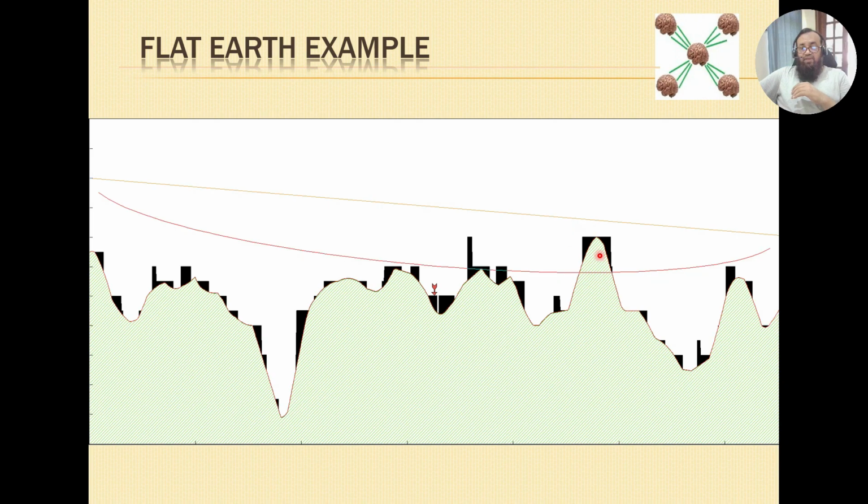If for some values of k the Fresnel zone is passing through this area, like from here and here, then you can see this is a very significant earth, because your Fresnel zone is passing through a very long earth area.